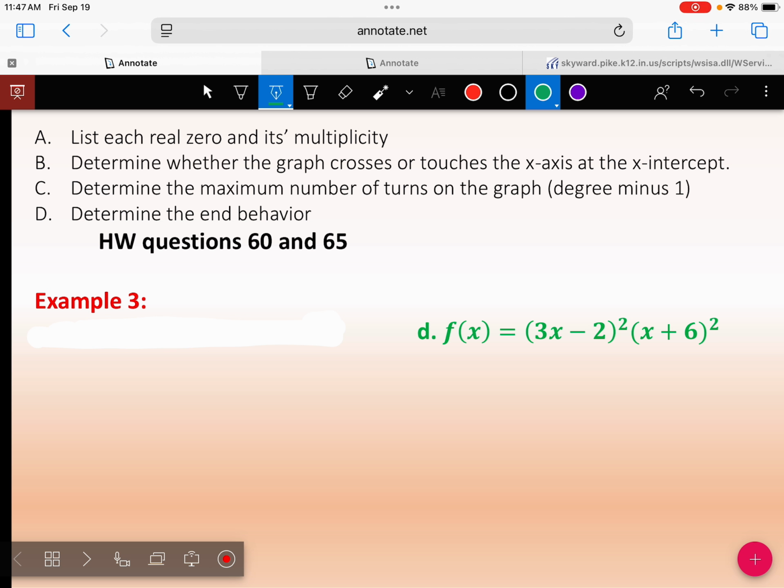Set the factors equal to 0. So we got to take our 3x minus 2 and take x plus 6, and go ahead and solve both of those for x.